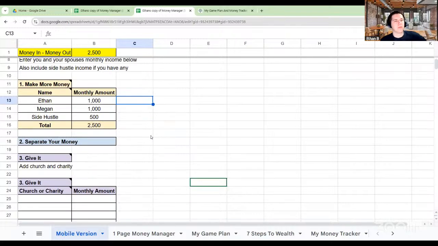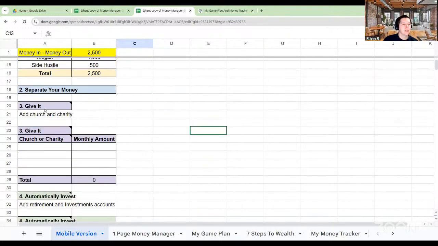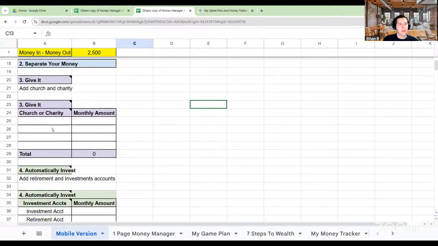So now we're going to go to the next steps, which is separate your money, starting with number 3, which is give. And we're going to do church or charity. So let's say I donate to the Success and Money Foundation every month, and I donate $100.